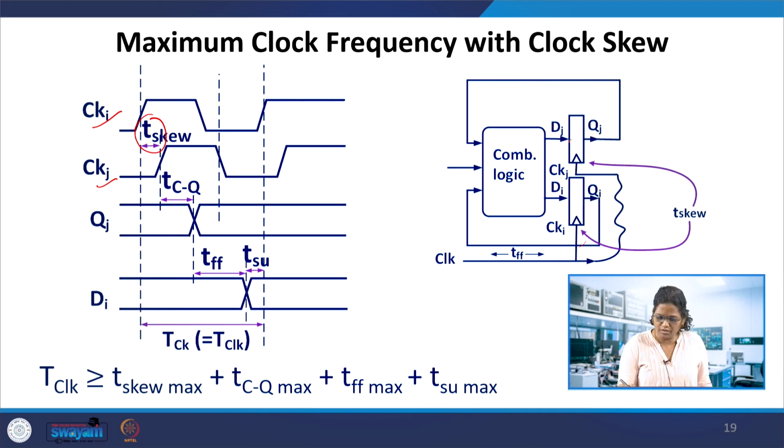And if the jth flip-flop, suppose this is the one here, whatever change it was sensing at this point, it is passing to Q. So that is the clock to Q delay, TCQ. And then this Q, which is getting into the flip-flop input, TFF, that is to this flip-flop Di. Here, this is the flip-flop to flip-flop input delay. This goes back to here, and then there is this setup time, the setup time of Dj.